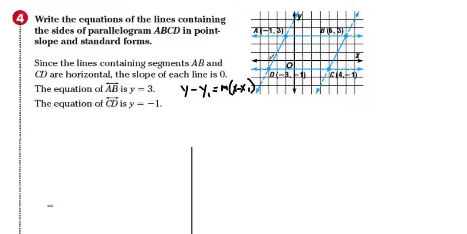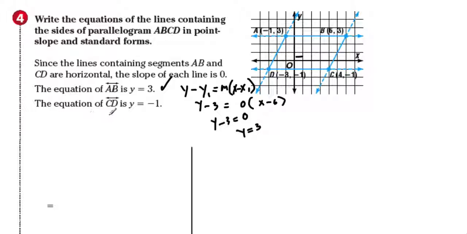So if we substitute the values, let's use this point 6, 3. Then y minus 3 is equal to m times x minus 6. And since m is 0, let me substitute that right away. y minus 3 equals 0, or y equals 3.